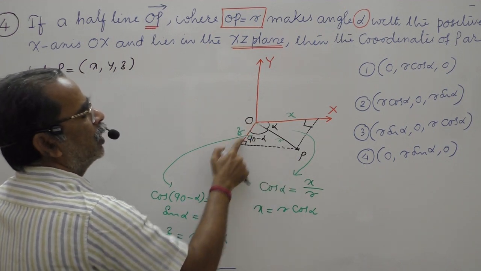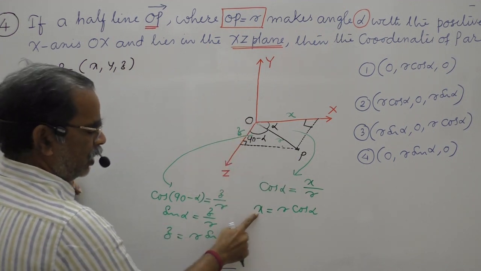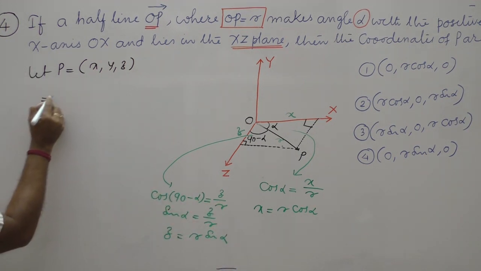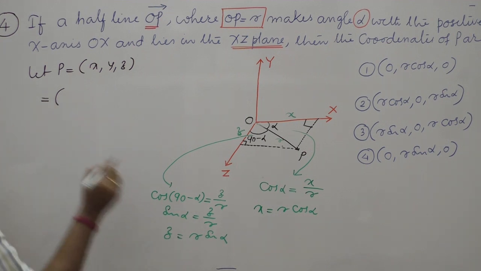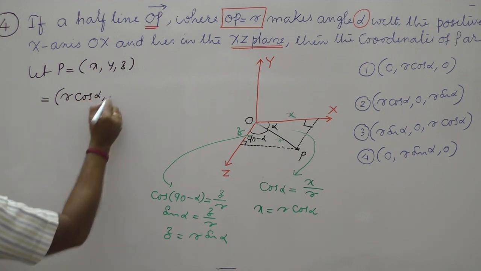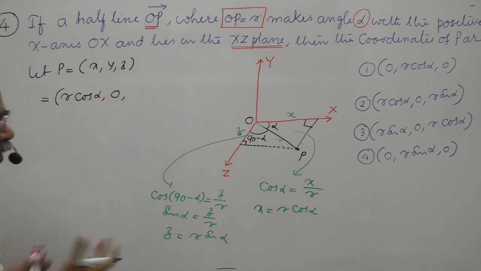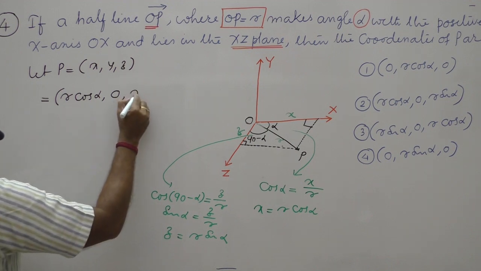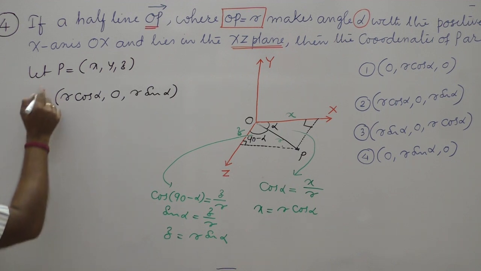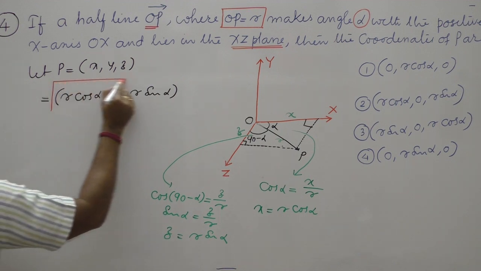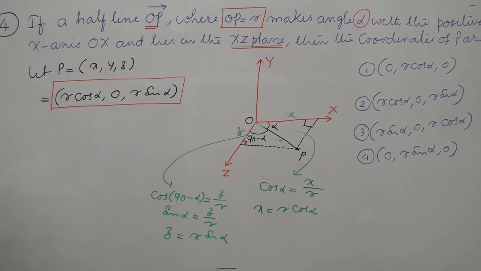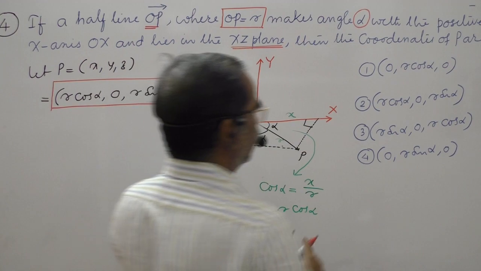Its z coordinate is the distance on the z-axis, which we have already found. Therefore the coordinates of the point P are r cos alpha, 0, and r sin alpha. Therefore which option? Second option.